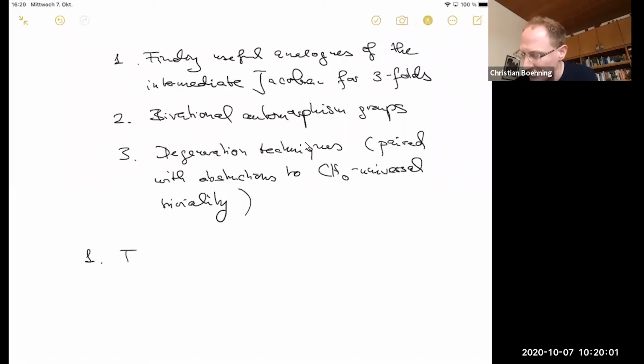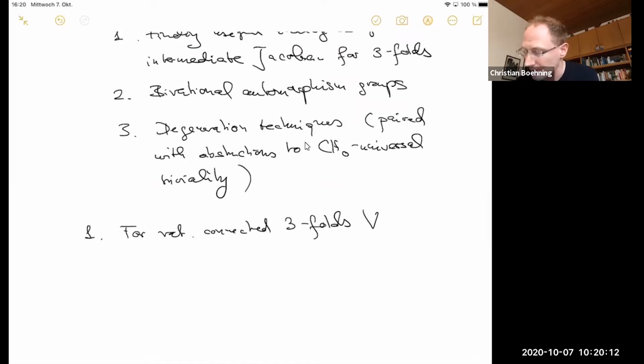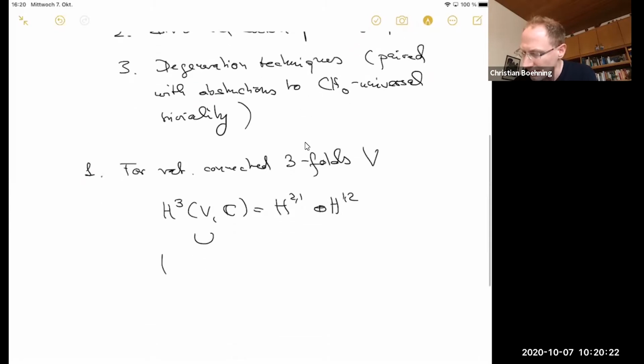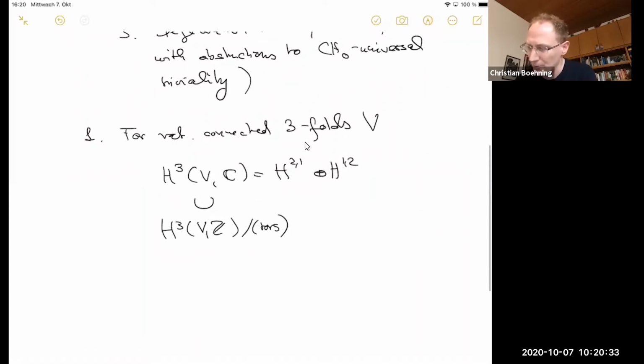Generally for rationally connected threefolds, one looks at the integral polarized Hodge structure on their middle cohomology, so one has this integral H^3(V, Z) modulo torsion in there. And one associates to that integral polarized Hodge structure a principally polarized abelian variety, so we get this intermediate Jacobian from that setup.